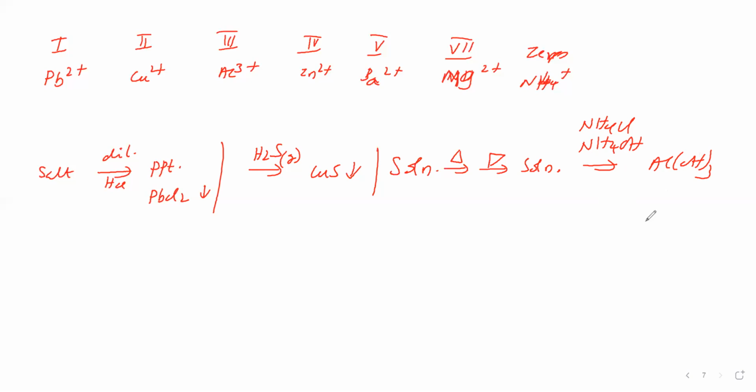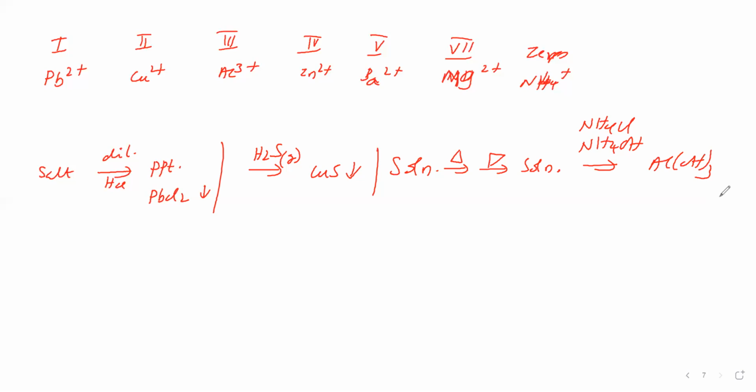In that way groups 5 and 6 behave. Some metal cations precipitate with ammonium hydroxide and then further dissolve in excess ammonium hydroxide due to formation of a complex.